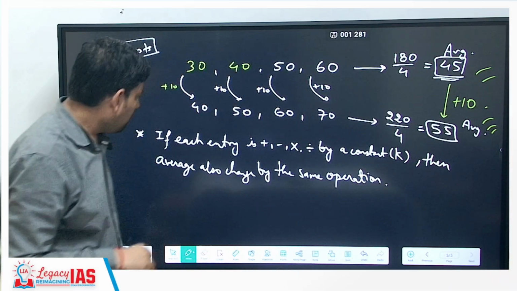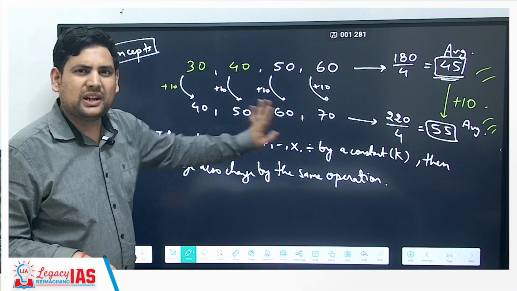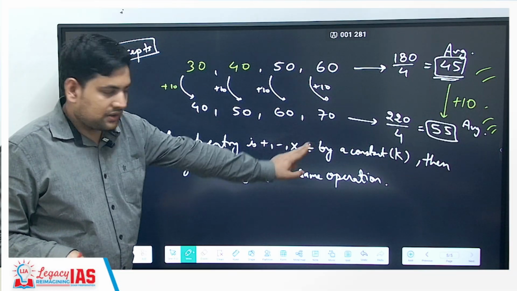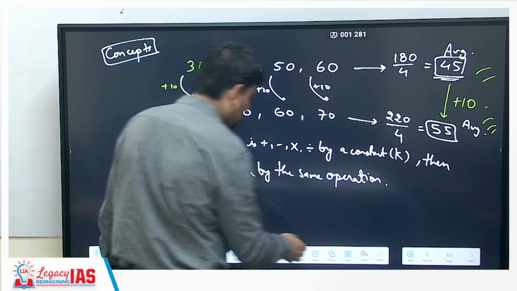Okay, so if you add, subtract, multiply, divide, similarly you can see for multiplication or division with a constant k, the average will also change by the same operations.